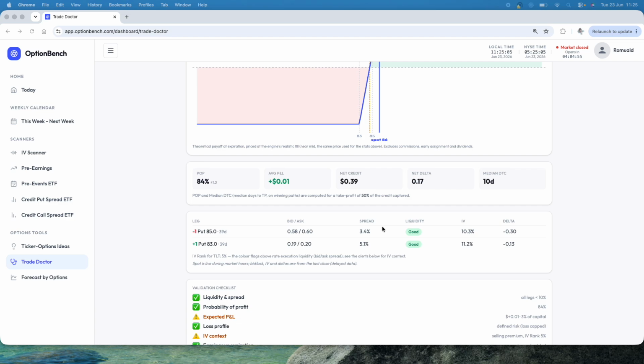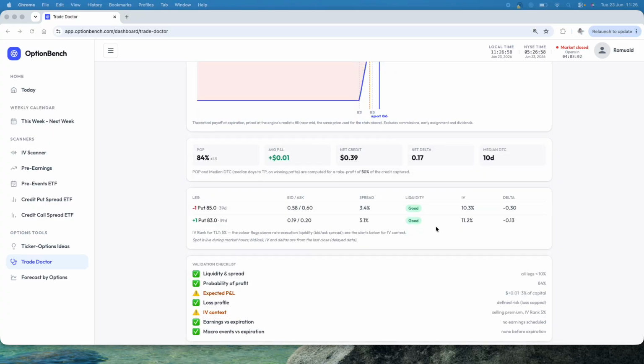Average the wins and the losses together, weighted by how often each happens, and the whole thing nets out to 1 cent per share. That's not a losing trade, okay? It's something more subtle and more dangerous, a trade whose entire edge is 1 cent wrapped in a reassuring 84% win rate. This is where the diagnostic earns its keep.